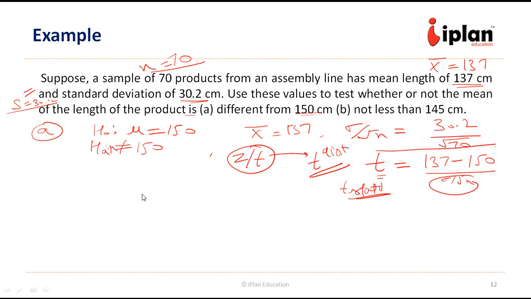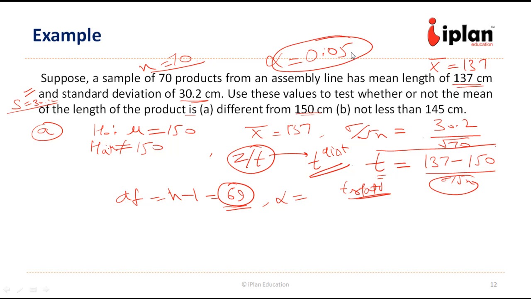So the sigma by root n value will come from this place and automatically we get the T statistic. Then the degree of freedom is n minus 1, which is 69. For 69 degrees of freedom, alpha, the significance level, is not given, so let us assume it is 0.05.